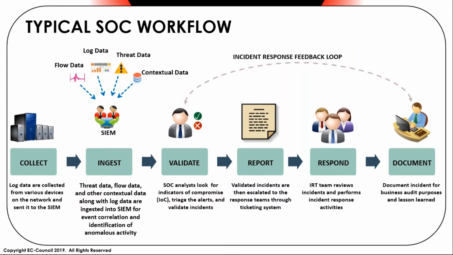Once incidents have been validated, they are then reported and escalated accordingly. A response is derived, and the incident response team, to whom the incidents are escalated, action the necessary activity and arbitration for that particular incident. And then ultimately, so that we learn from the process, it is all documented for audit and future reference purposes.